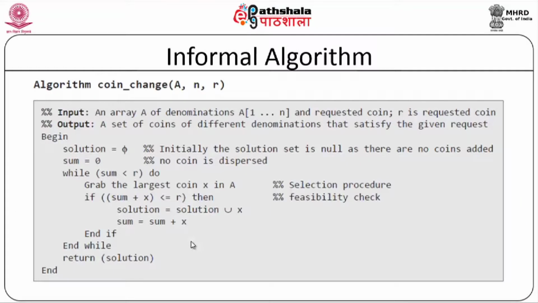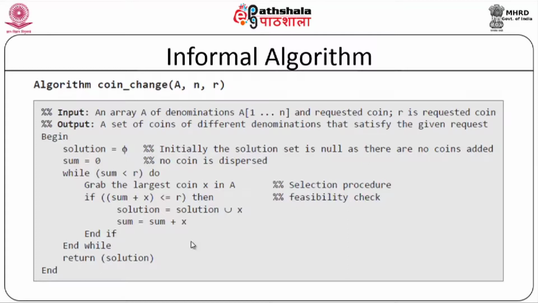So, this is the algorithm now. You can see that we are initializing solution equal to 0, sum equal to 0, because no coin is dispersed. When sum is less than r, where r is nothing but the requested amount, I am grabbing the largest coin.